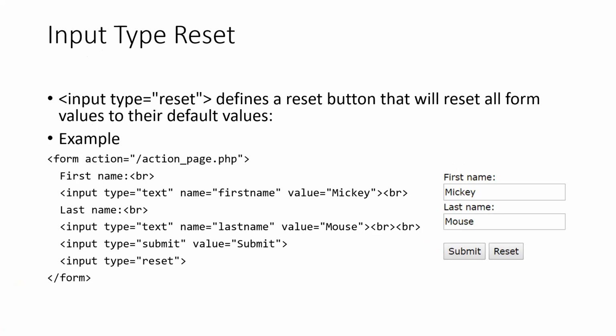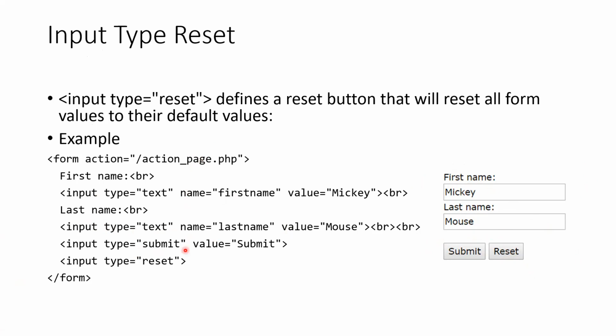Okay. Now, sometimes whatever you input in the form, we need to clear out, right? There are various reasons why you have to actually clear out the forms. To clear out the content, we can use what we call the reset button.